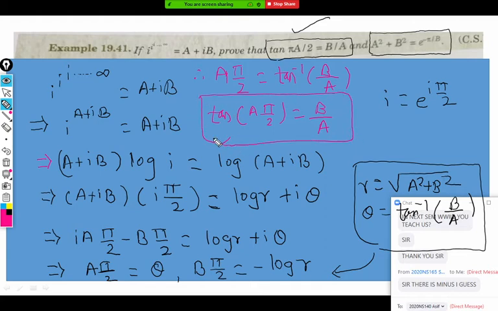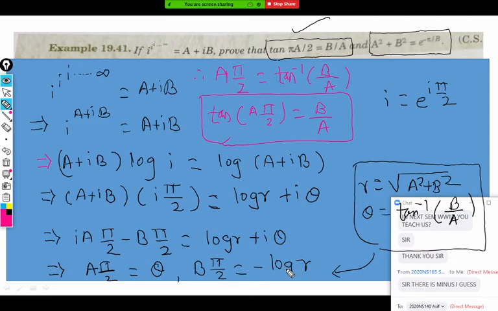Now we want a square plus b square as e raised to minus pi b. How to get the second? Anyone? Sir, r is equal to... Yes, substituting only r, correct.